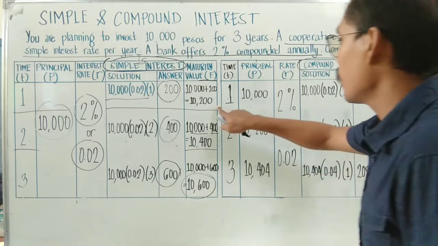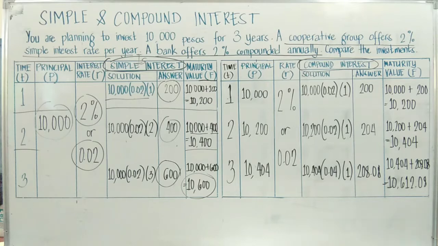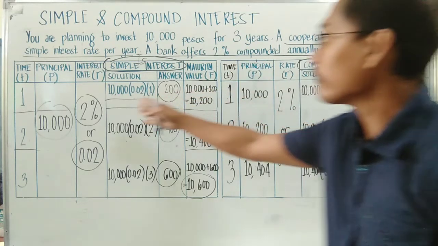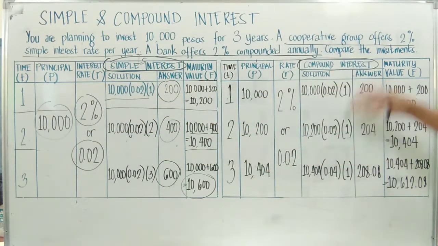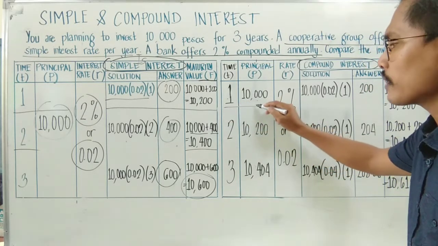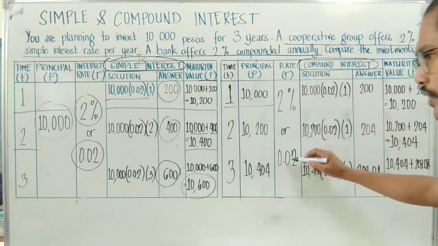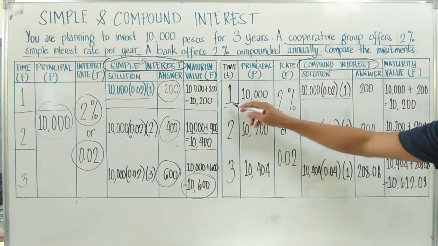Now let us go to the table that illustrates your compound interest. So we have the same content. We have the time, the principal, the rate, then the solution and the answer, and then the maturity value. So on the first year of your investment, we have 10,000 pesos. Of course, we have the rate of 2% or 0.02 times the time, which is 1.